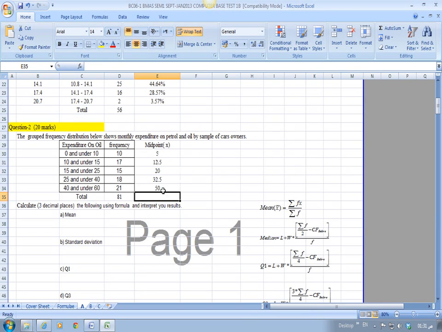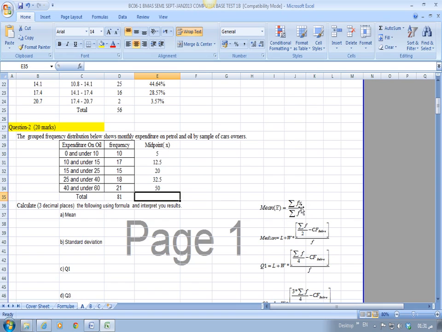These are the midpoints. And if you see here, 5 is between 0 and 10, 12.5 is between 10 and 15, 20 is exactly in between 15 and 25, 32.5 is between 25 and 40, 50 is in the middle between 40 and 60. So these are the midpoints.